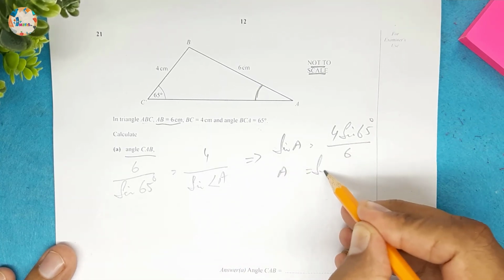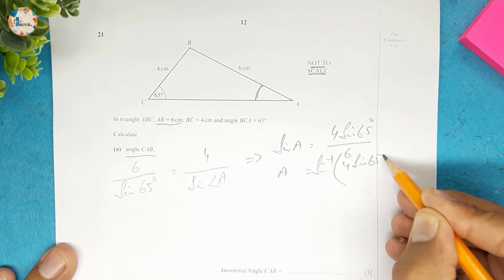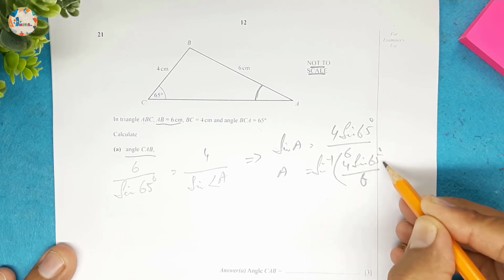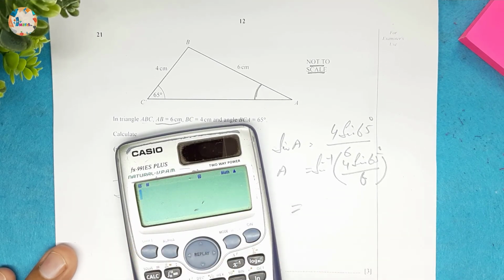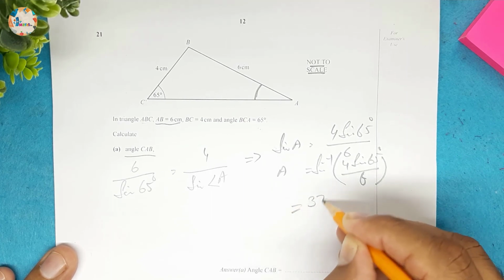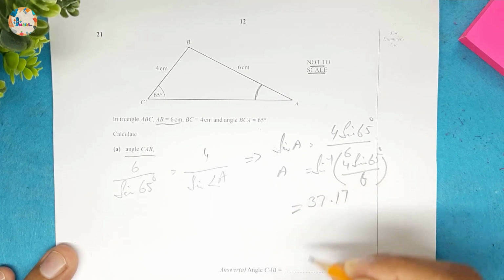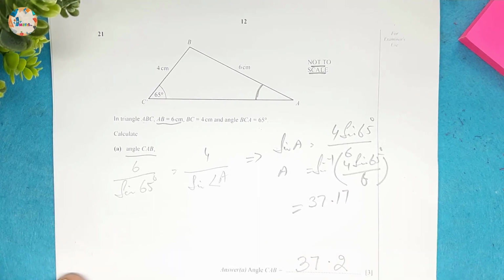A will be equal to sine inverse, sending to this side, and directly we will calculate 4 sine 65 degrees divided by 6, and this will be the value which we will be getting as answer. So inverse sine of 4 sine of 65 degrees divided by 6 will be equal to 37.17, or approximately we can write 37.2 as answer.